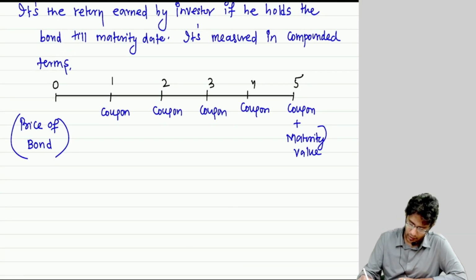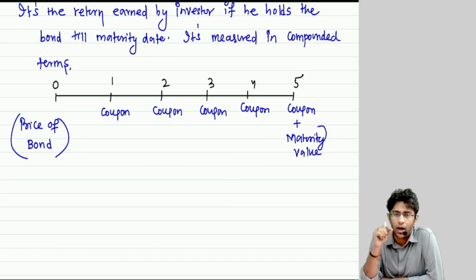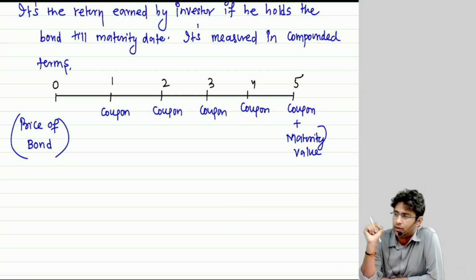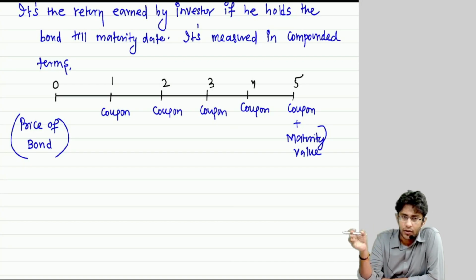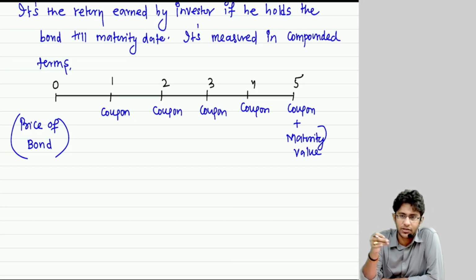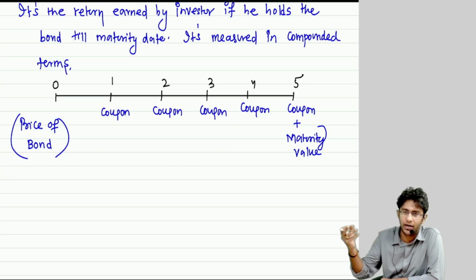Now, what is IRR? IRR is that discounting rate which equates the present value of future cash inflows to the present value of cash outflows. Here, the present value of outflow is the price of the bond. Future cash inflows are coupons and maturity value.